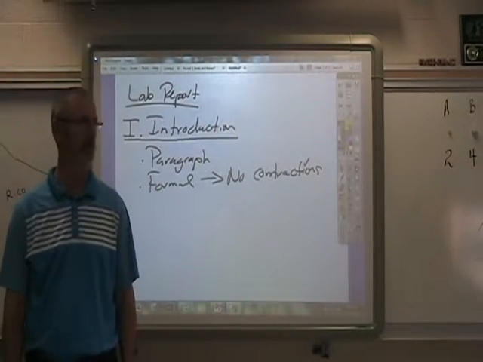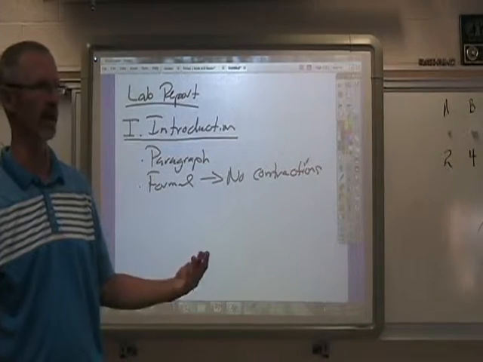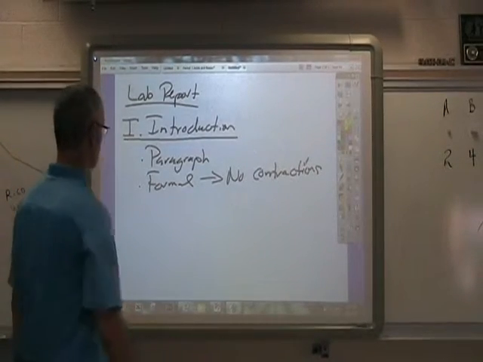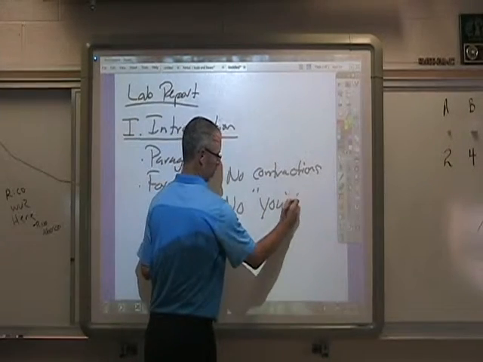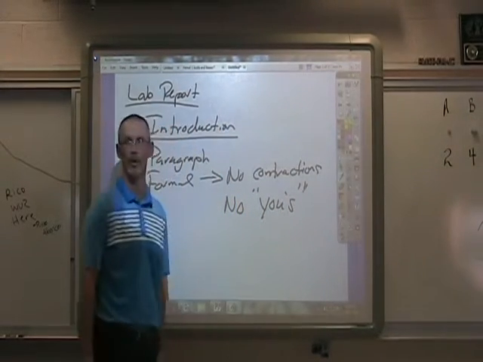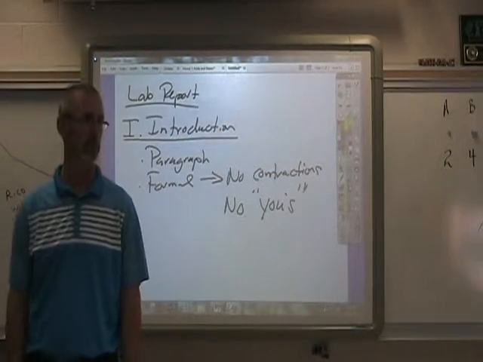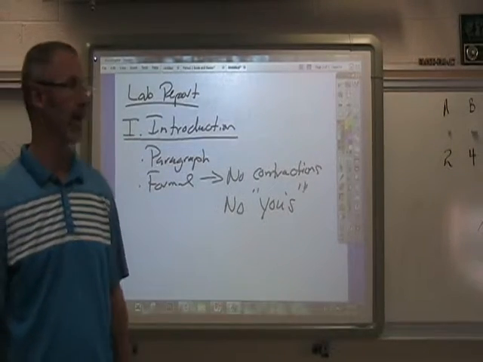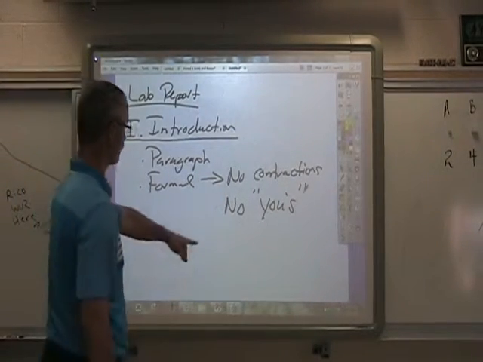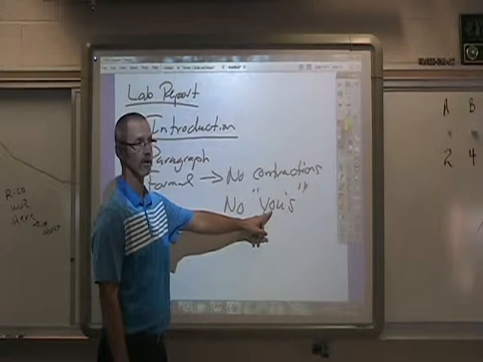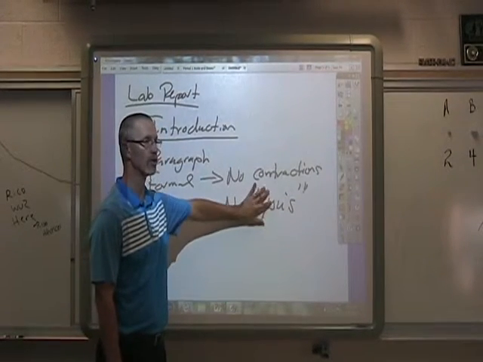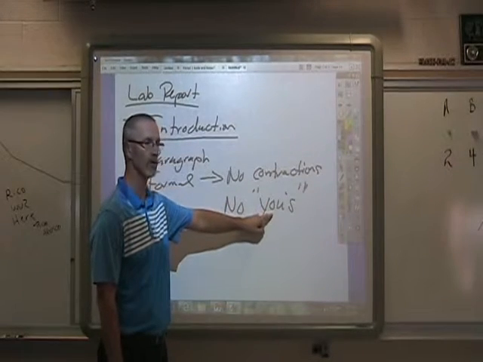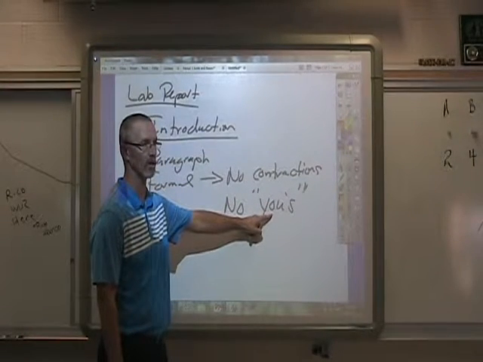We clear? Can't, won't, that kind of stuff. And no use of second person, you. Does everybody know what I'm talking about? And when high school students write, this is probably the hardest thing. Make sure you double check before you turn it in. There's no use of you or direct statements with you. Understood.